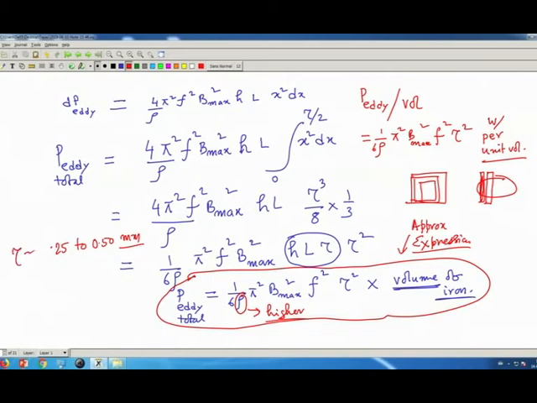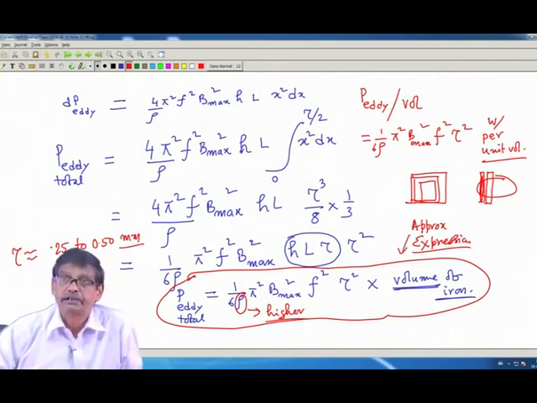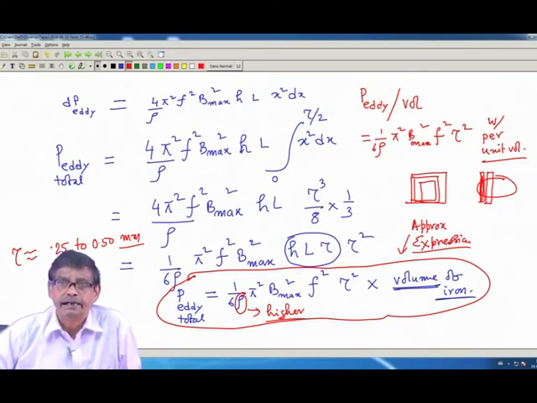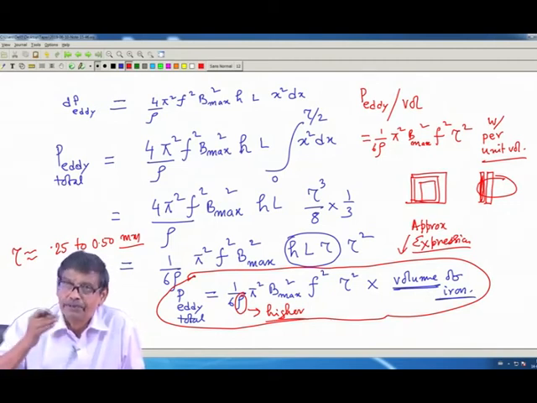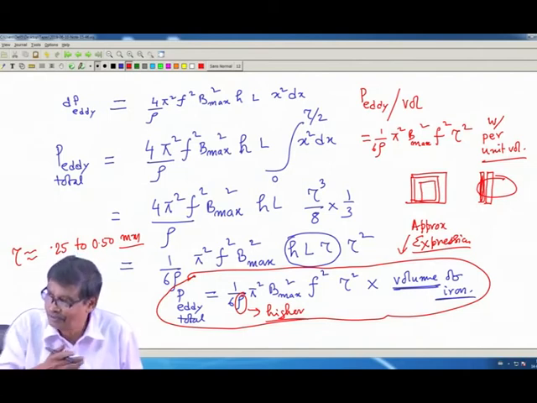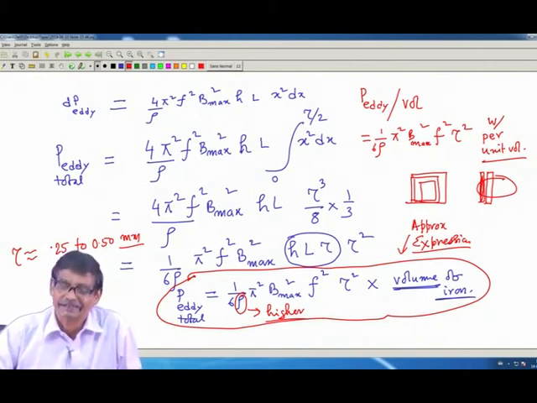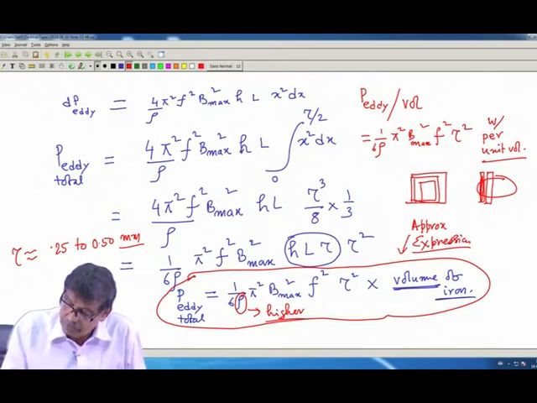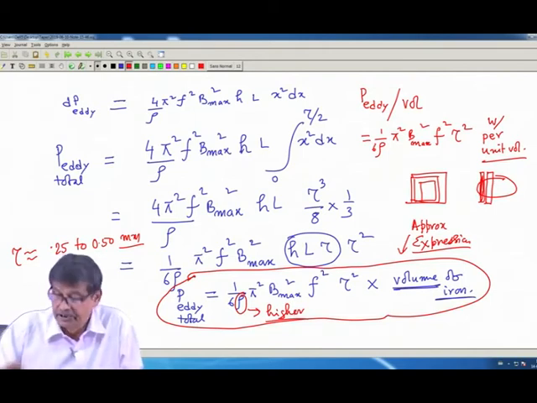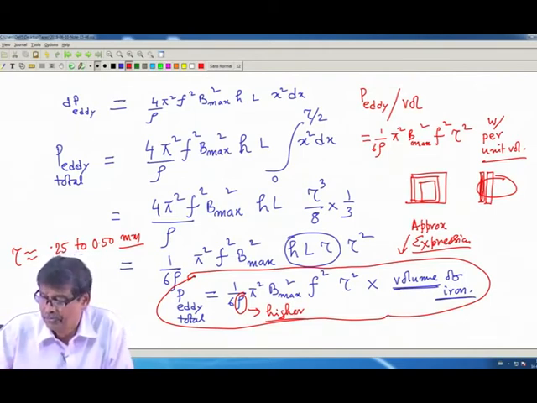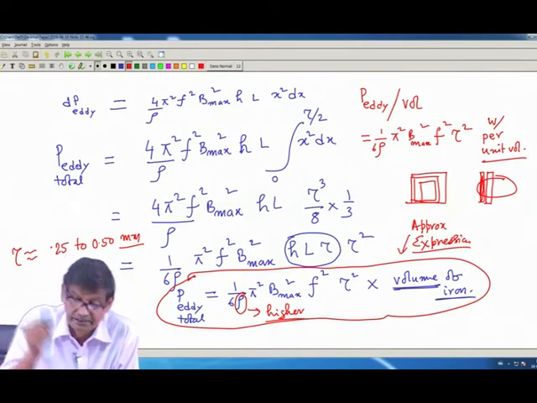And transformer size, if you look at a distribution transformer, their heights may be in meters. So, the assumption that tau is very small compared to H and del is pretty good. But do not use just iron, try to use a better material, that is why people use silicon steel.